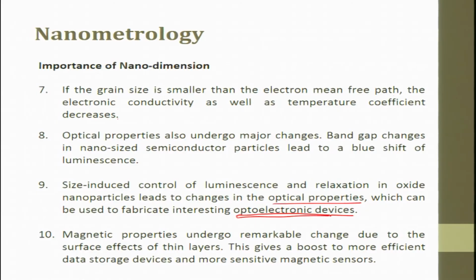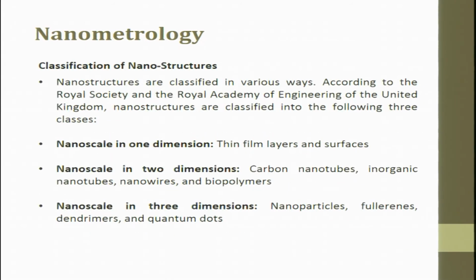So, when I do a nanometer coating on top of an existing material, we see different optoelectronic properties. The magnetic properties undergo a remarkable change due to surface effects of thin layers. This gives a boost to more efficient data storage devices and more sensitive magnetic tapes.